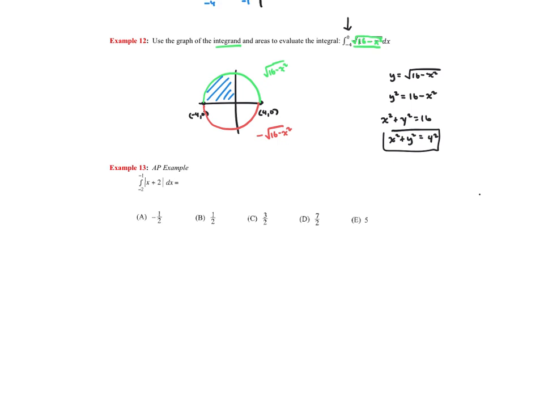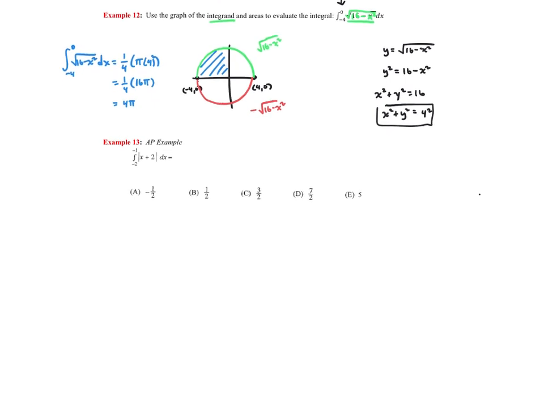So that area, -4 to 0, square root 16 minus x squared. I'm not going to actually try to do any calculus here. I'm just going to take 1/4 the area of a circle with a radius of 4. I have to square that, so that's going to be equal to 1/4 times 16 pi. So that area in blue there would be 4 pi units squared. I don't know what units are here in this case.